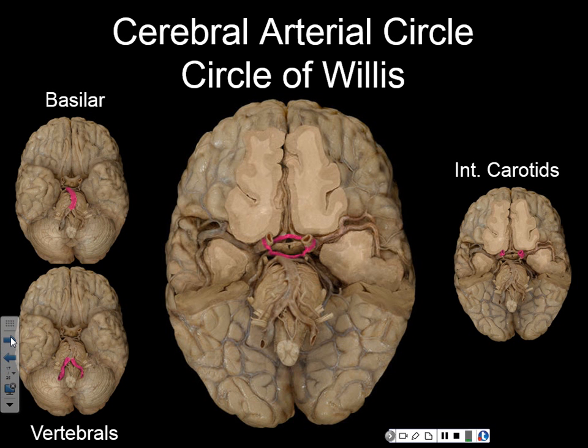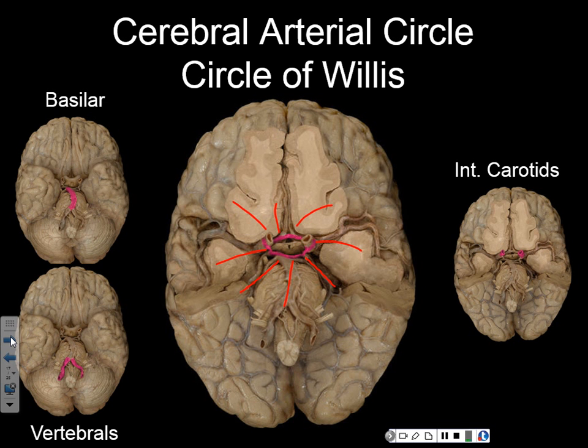All right. Okay. So we've got blood that supplies the brain. At the base of the brain, right by the brainstem, there's a circular network of vessels that will spread blood throughout all the structures. Those circular blood vessels are what we call the circle of Willis, or the cerebral arterial circle.